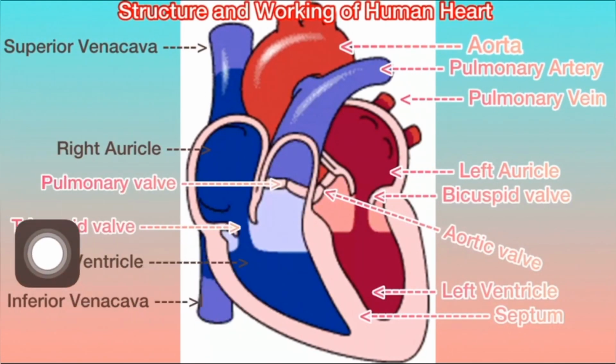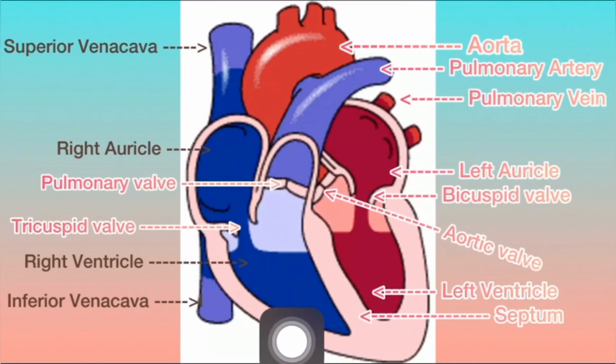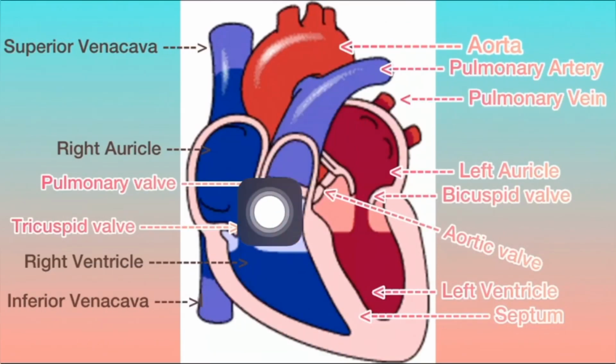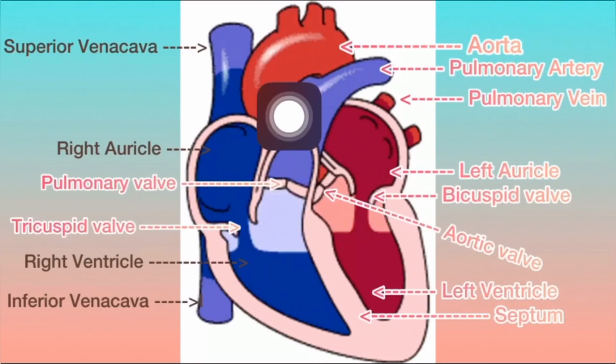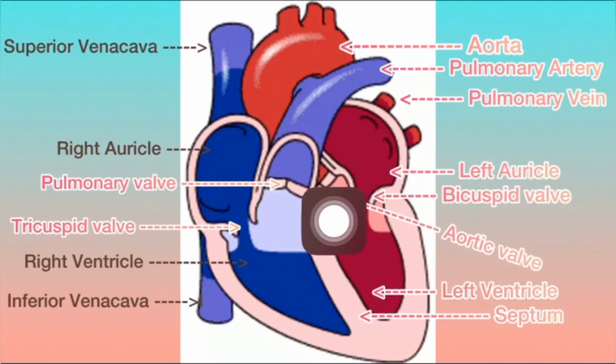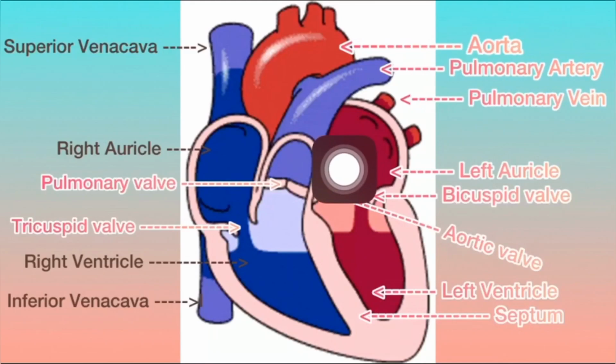The valve between the right ventricle and the pulmonary artery is called the pulmonary valve, and the valve between the aorta and the left ventricle is called the aortic valve. This region is called the septum, as you already know.